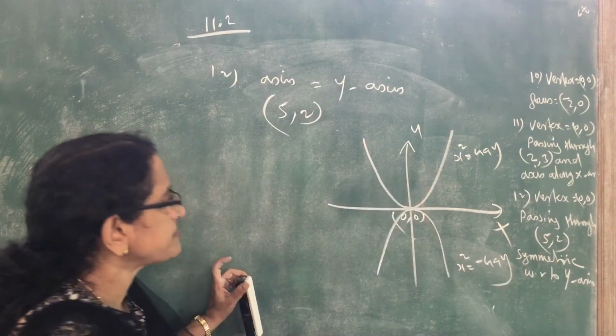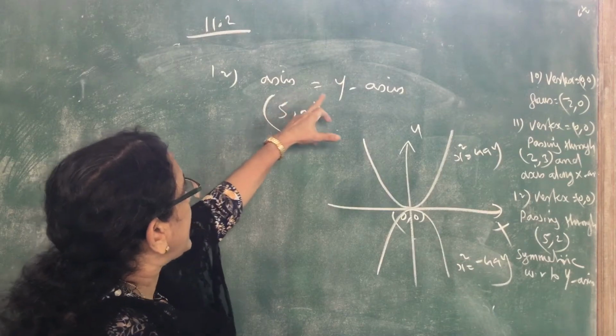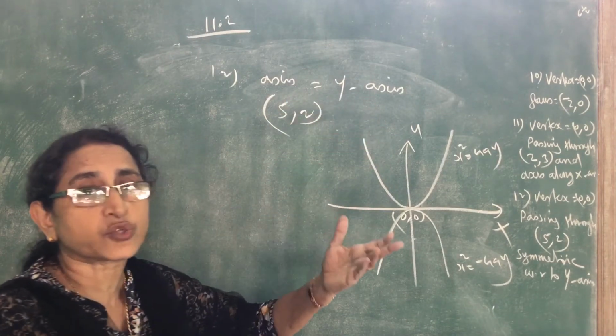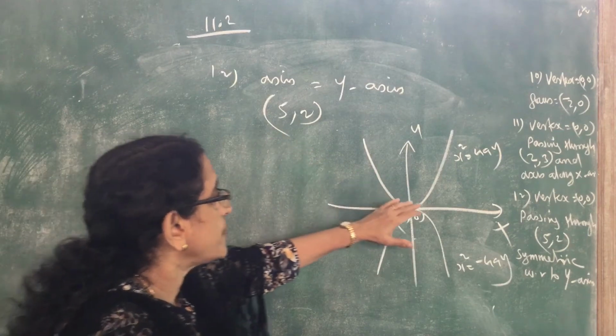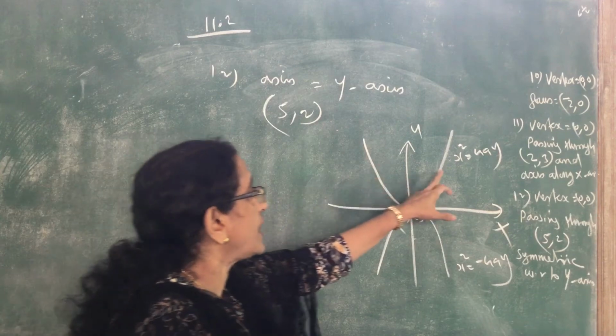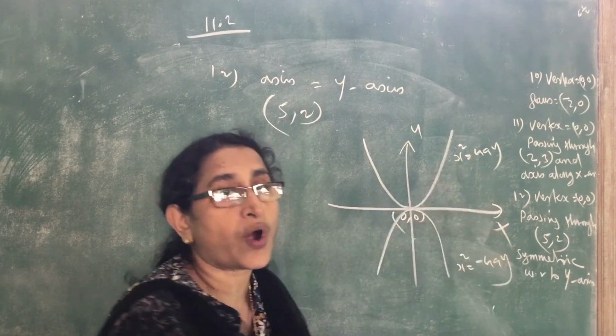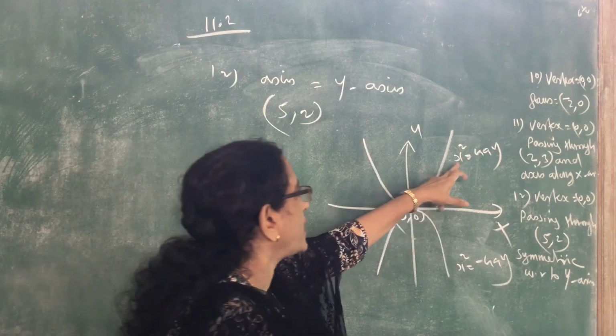For both these parabolas, the axis is the y-axis. So given that the axis is the y-axis and it passes through 5, 2, it will be of the form x square equal to 4ay, because 5, 2 is a point in the first quadrant.